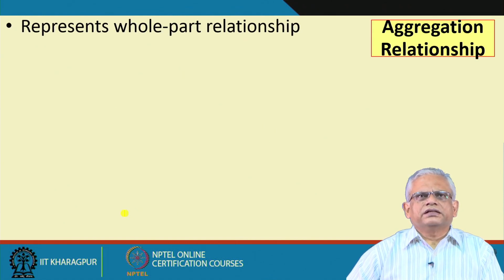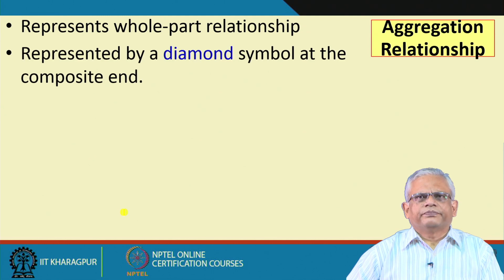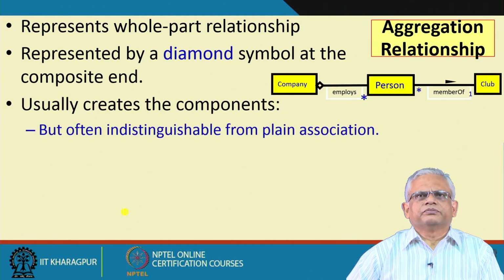The aggregation relationship represents a whole-part relationship, that is, given an object, it might contain other objects. We represent that in an aggregation relation, represented by a diamond symbol like this.